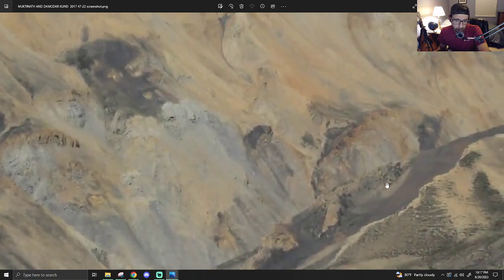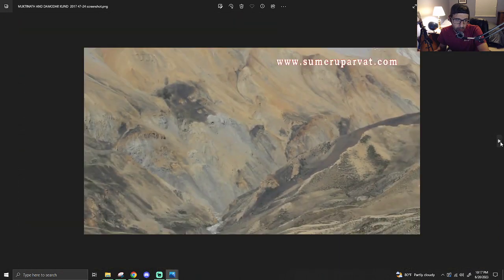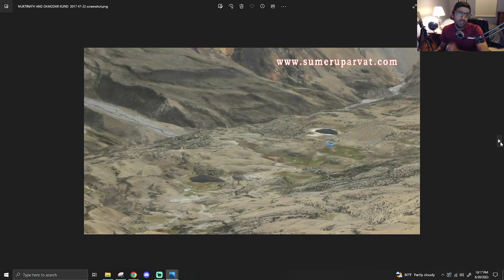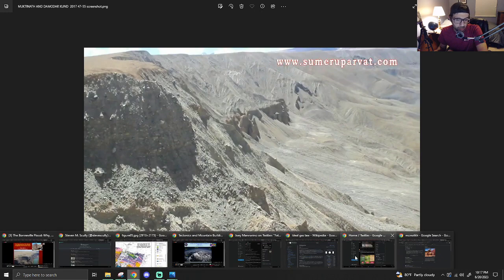Truly incredible. Okay, this is going down to Damodar Kund, actually. This is right above it. Pretty interesting.